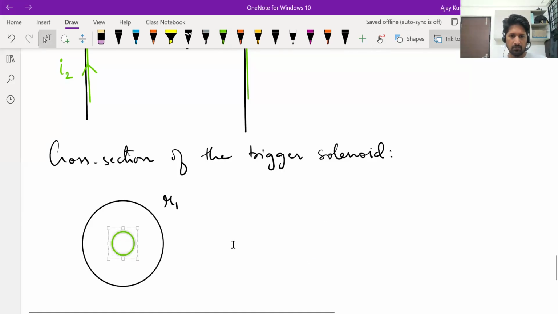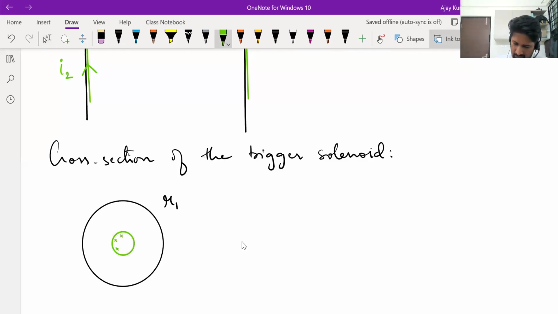And that smaller solenoid is producing field only in this region, inside itself. A long solenoid does not produce magnetic field outside itself. So this is what is happening. That inner solenoid's radius is R2. And we know this magnetic field: B is equal to mu naught N2 I2.